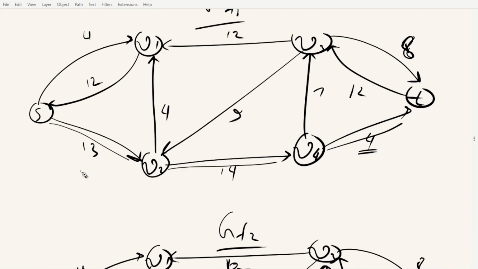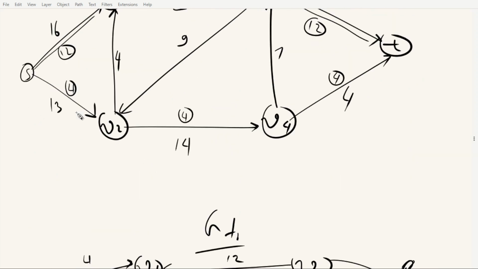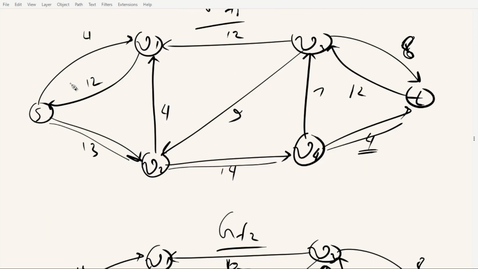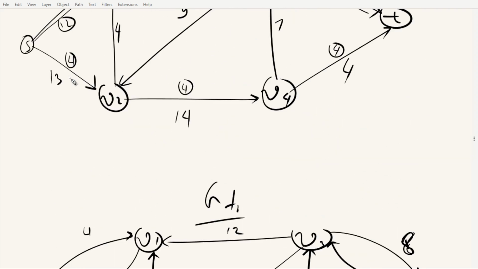This we have to see. So here the difference is 9. So forward edge having weight 9, backward edge with 4. 2 to 4 we consider. Forward the difference 14 minus 4 is 10.